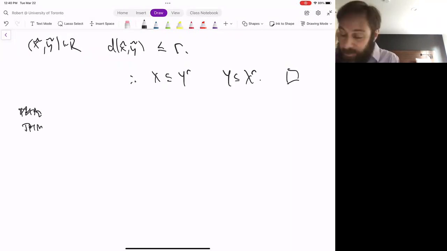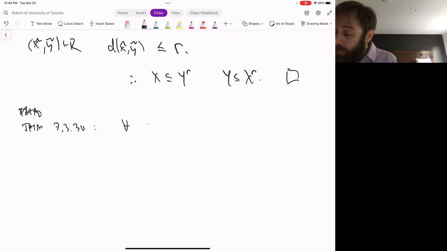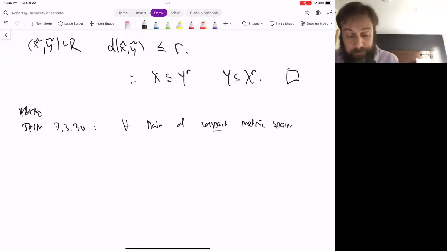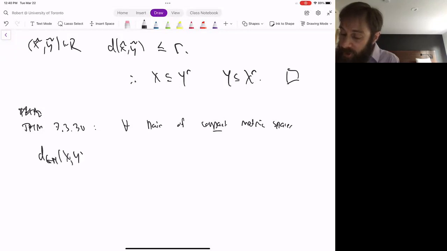So the theorem I'd like to prove is that for every pair of compact metric spaces, DGH is bigger than or equal to 0, with equality if and only if they're isometric.